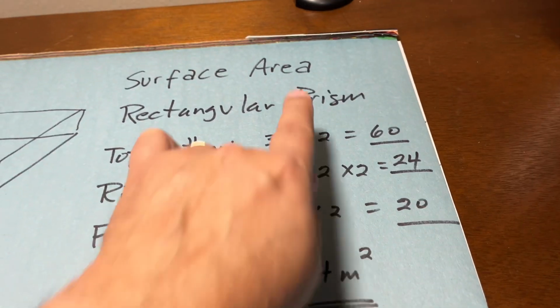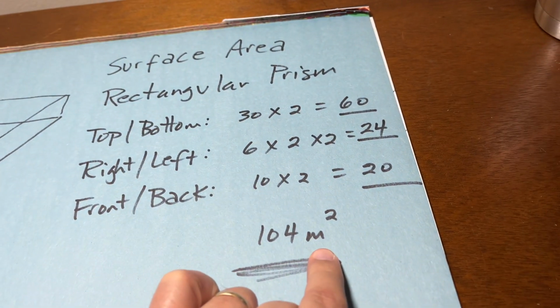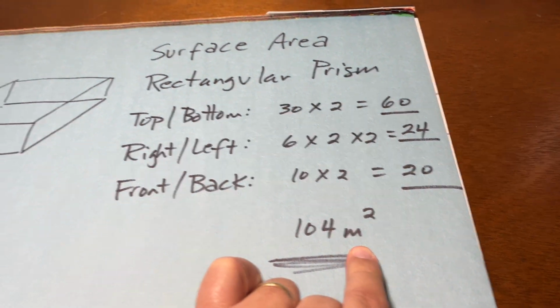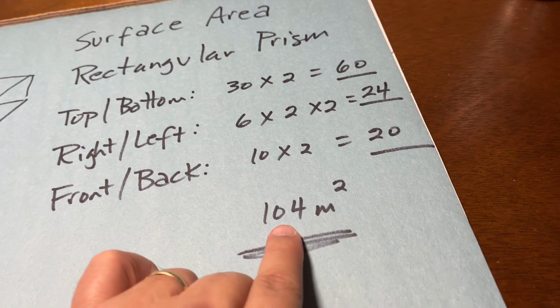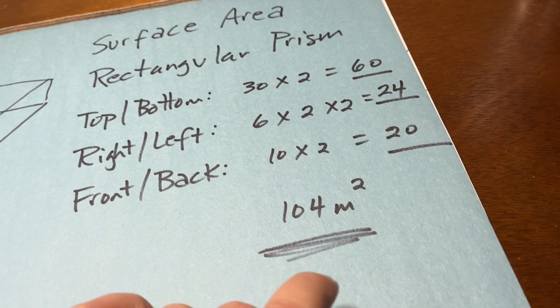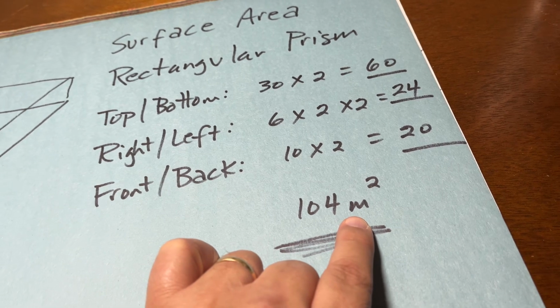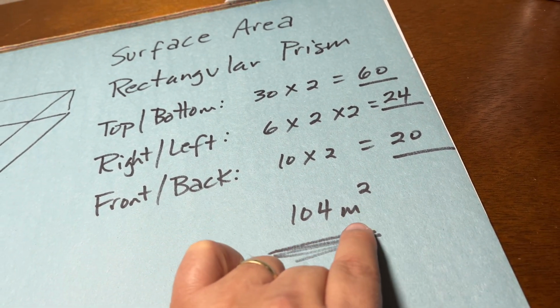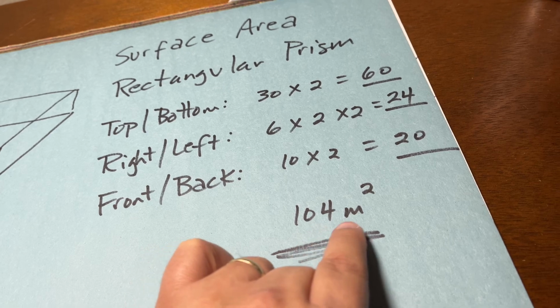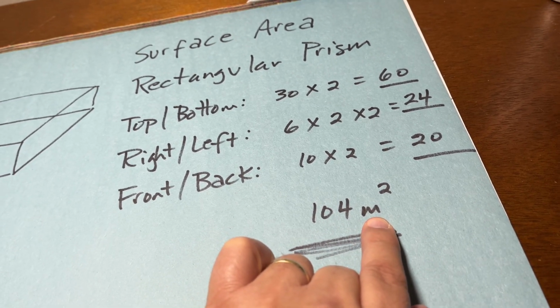And yes, since we're talking about area, it's square meters. So this means that if you had these dimensions, you would have 104 little squares that are 1 meter by 1 meter. That's what 104 square meters means.